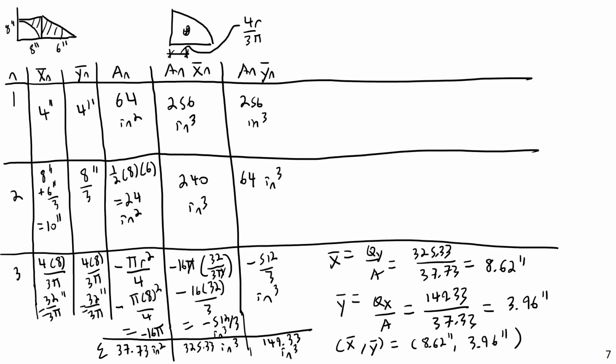But for a plane shape, you can have a centroid independent of center of mass. For now, just accept that what we're looking for is the location of the centroid of this compound shape, which would be at 8.62 inches, comma 3.96 inches.